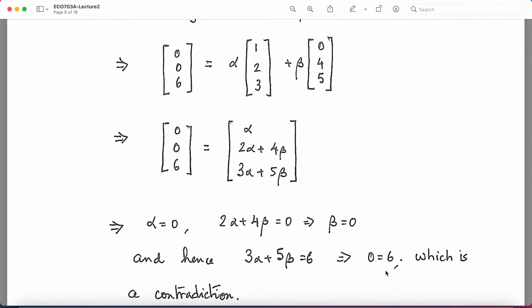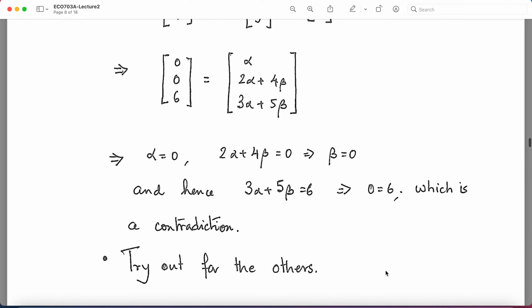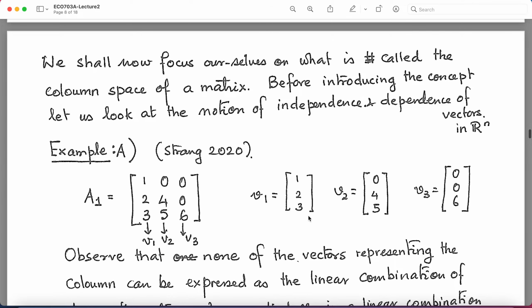So, what does it tell you? It tells you that if you have more equations and fewer variables, the system in general does not have a solution. This is a key thing. Which means these vectors are somehow independent of each other, and such vectors are called linearly independent vectors.